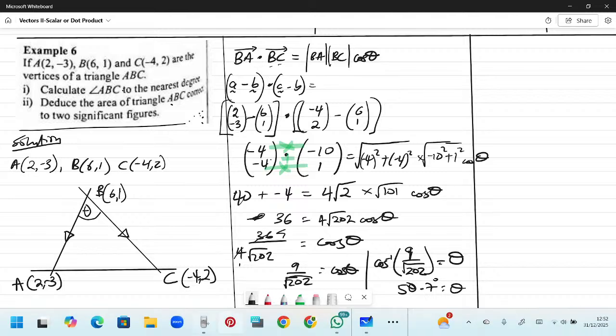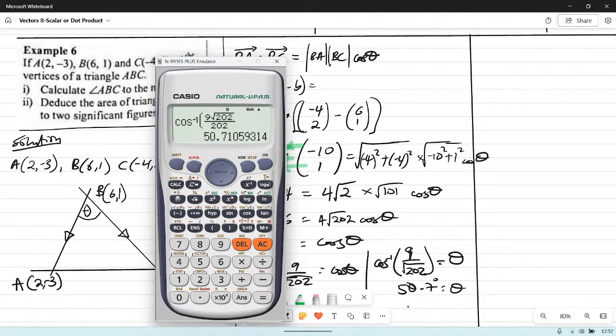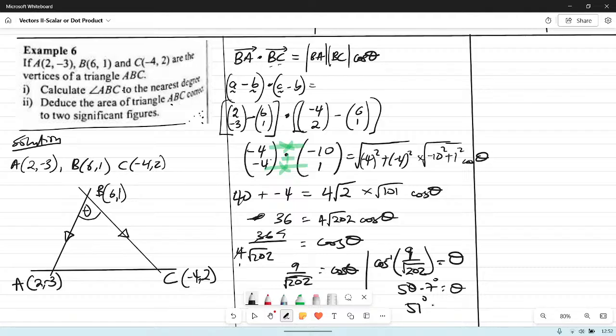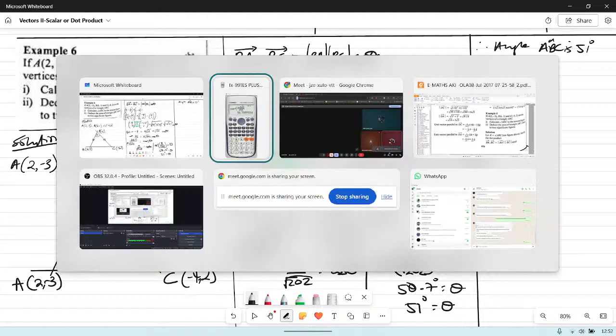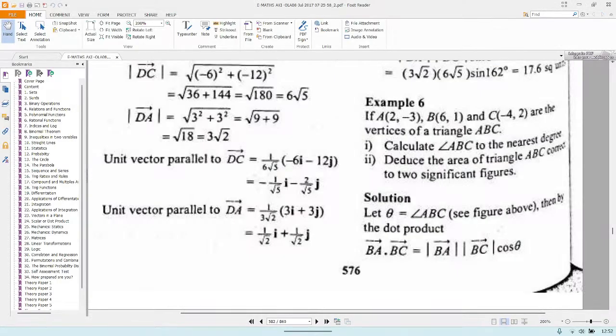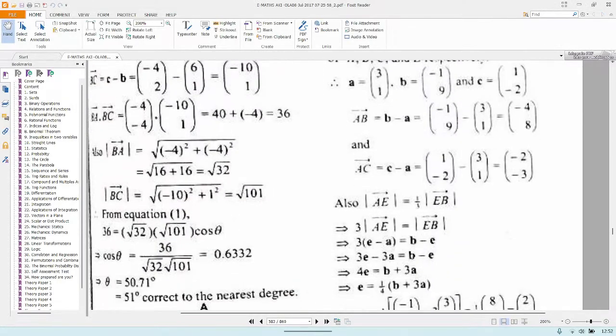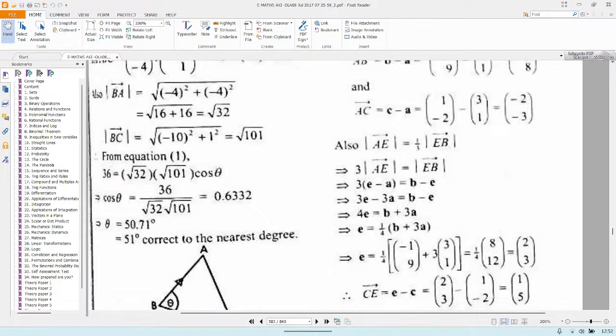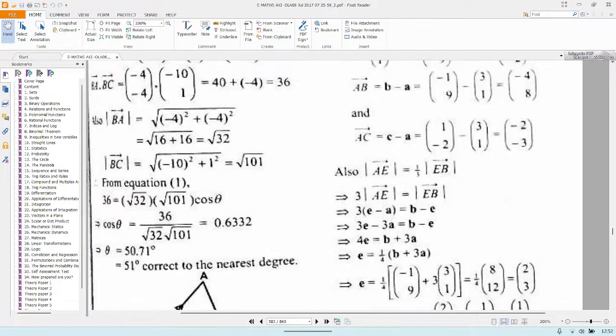But with angles you can approximate to the nearest one, so 51 degrees. Therefore angle ABC is 51 degrees. Let's go and check if you are on the right path. Yes, 51 degrees. Get it? I hope you get it.